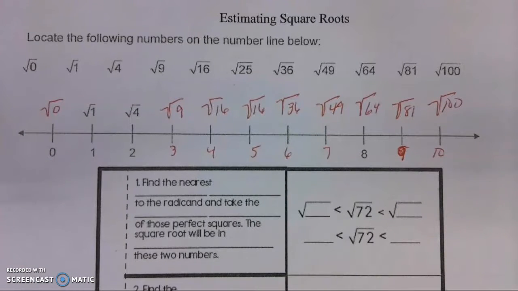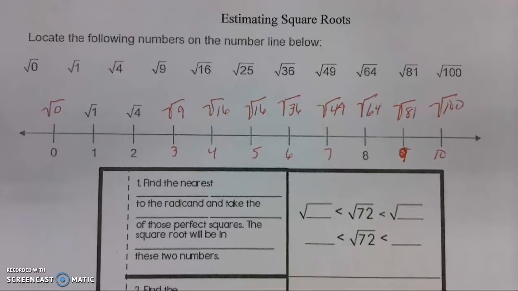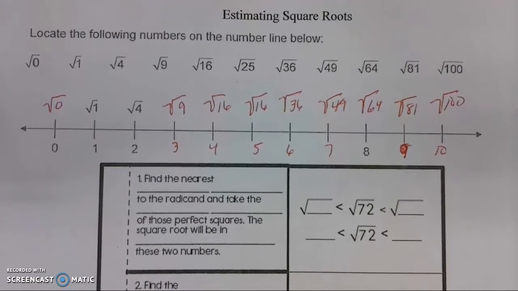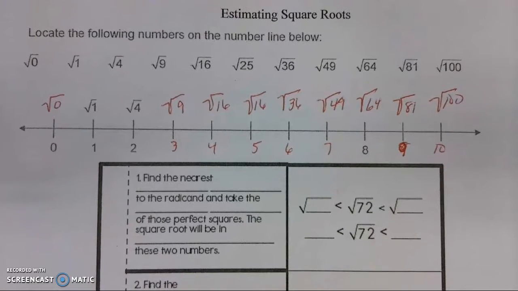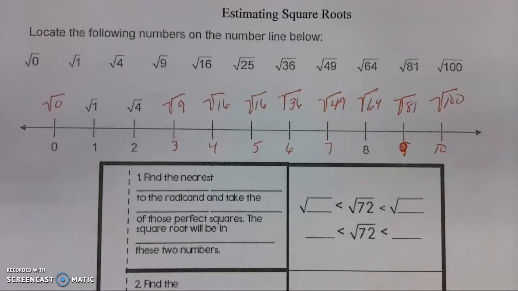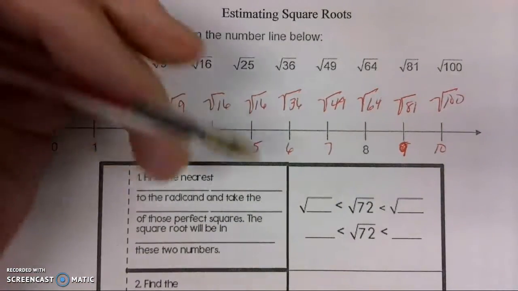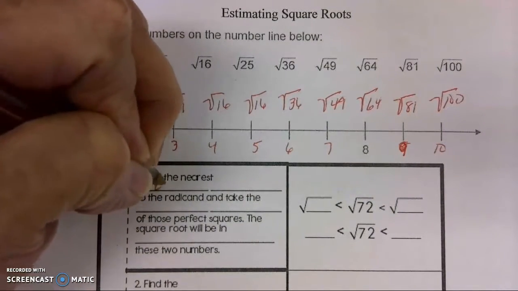Now, I need for you to just kind of follow along with what I'm going to do. This might seem confusing at first, and that's okay. We're going to spend some time working with this. So, there are steps to estimating. The very first thing we need to do when we begin to estimate, and we're going to estimate the square root of 72, is find the nearest perfect squares.